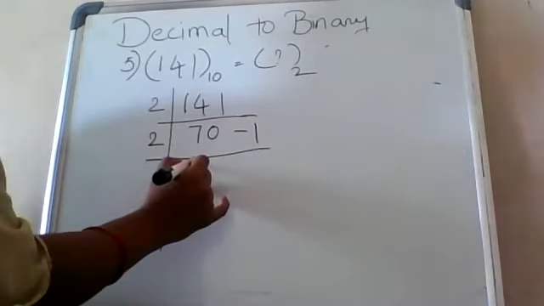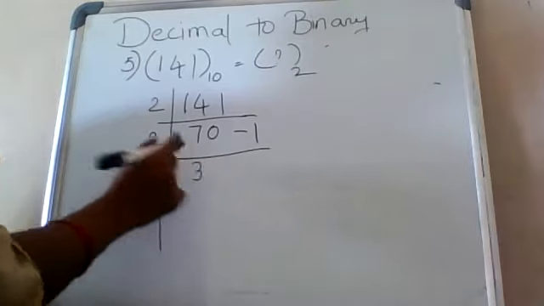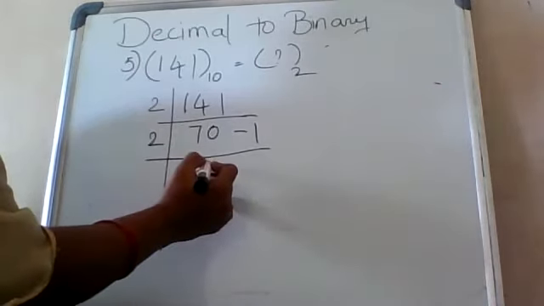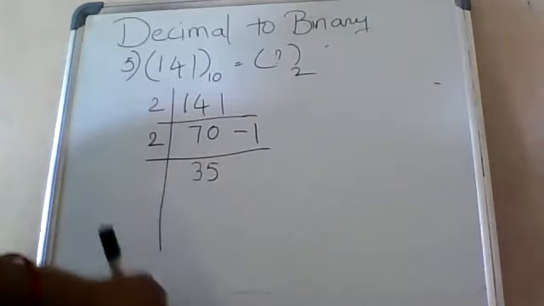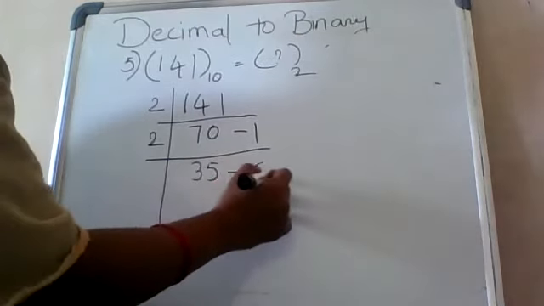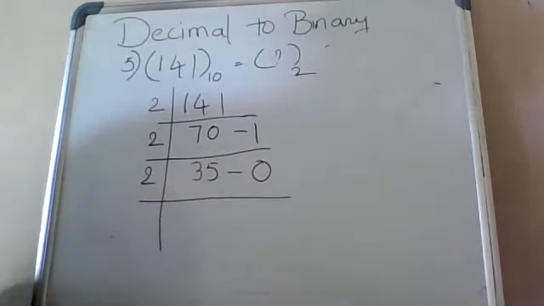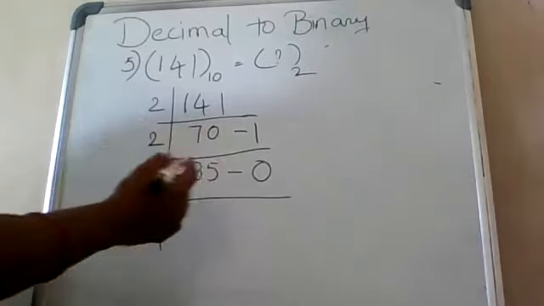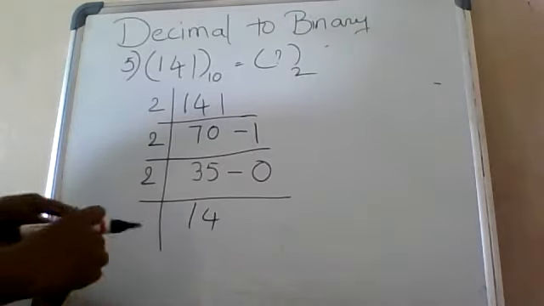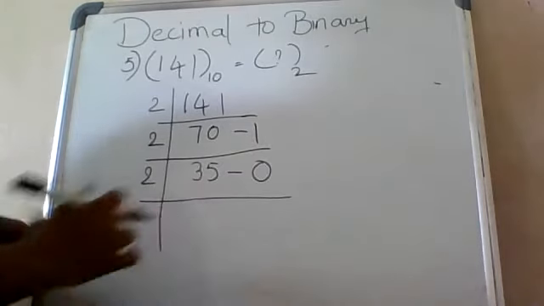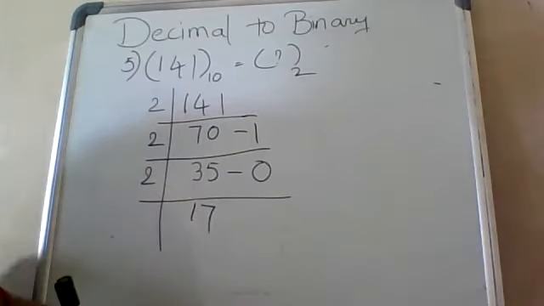Next, 2 times 35 is 70. Remainder 0. Next, 2 times 17 is 34.